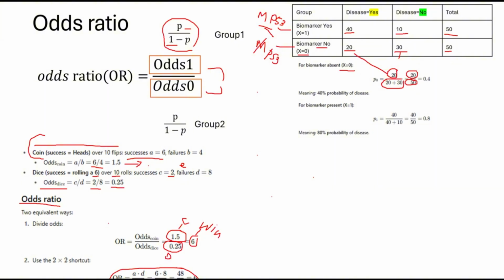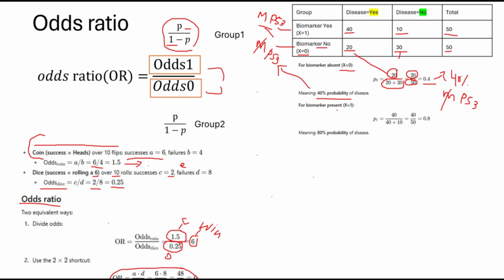If you divide 20 by 50, you get 0.4, which means there is a 40% chance that a patient will develop cancer without mutation of p53. This is the probability of disease development without p53.